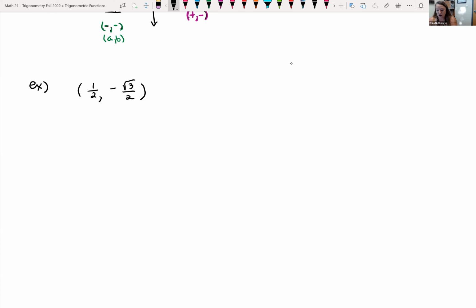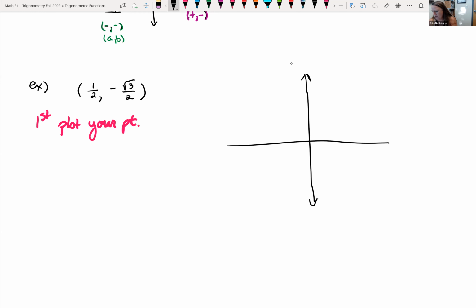First thing I would do on these is plot your point. So plotting our point here, I notice that we are going to be falling in quadrant 3. Actually, no, we're going to be falling in quadrant 4. We're going to go over 1/2, and I'm just going to estimate, this is 1/2 right here.